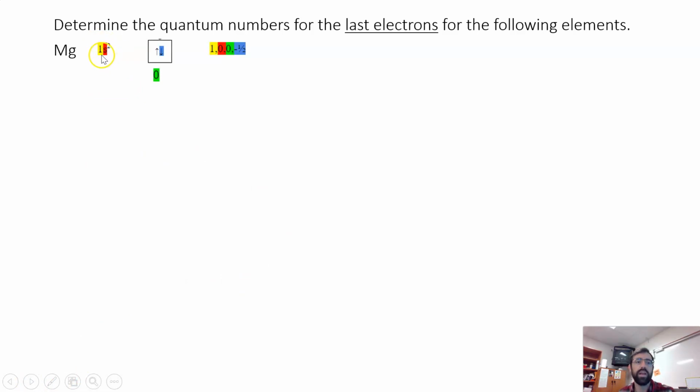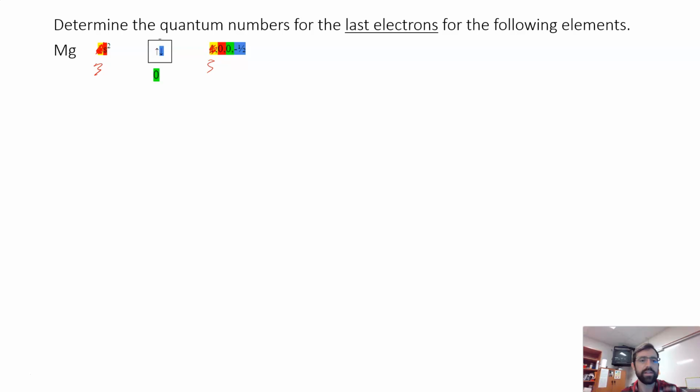I'm sorry, it says 1s2 here. It should say 3s2. That was a mistake. But it should say 3s2. In fact, let's just cross that out and fix it. That should say 3s2. So that gives us a different quantum number than what I have here. This should be 3.